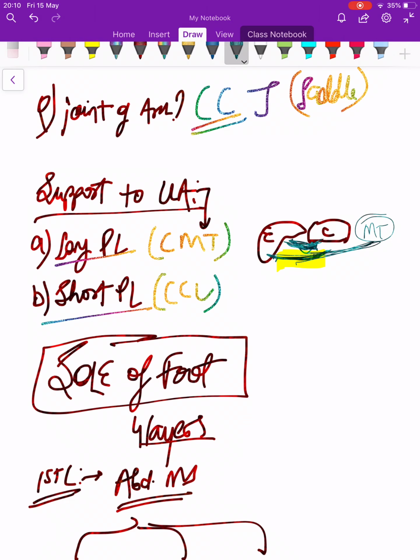This one will be the short plantar ligament, which is the calcaneocuboid ligament. Fine.